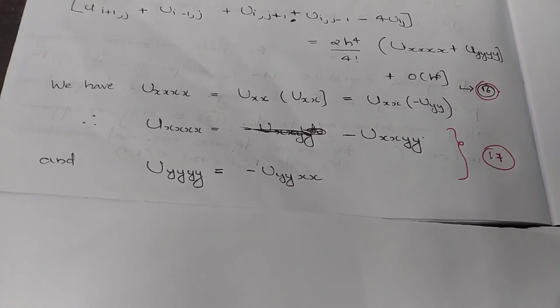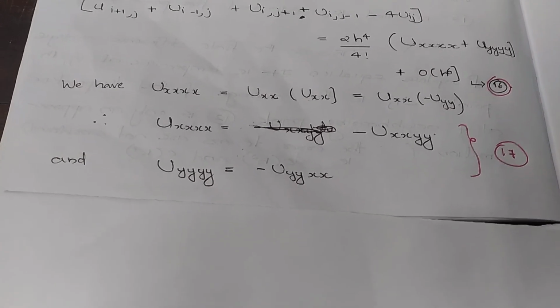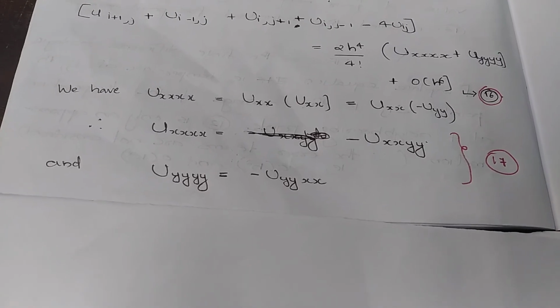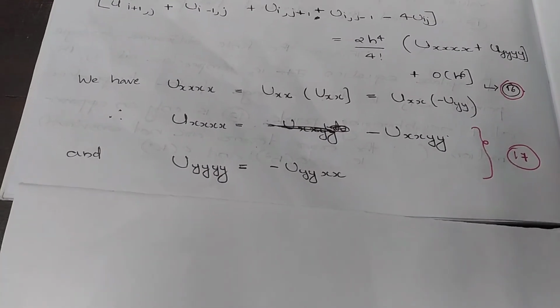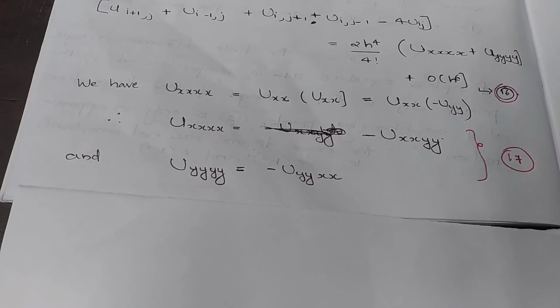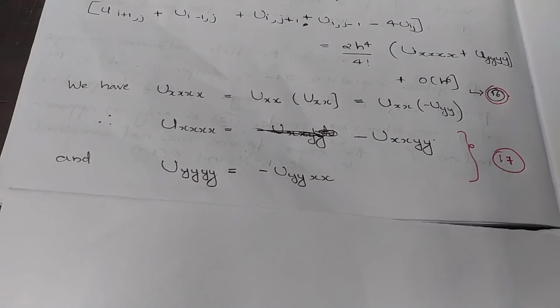So u_xxxx is equal to minus u_xxyy, and u_yyyy is equal to minus u_yyxx. We can put this as equation number 17.